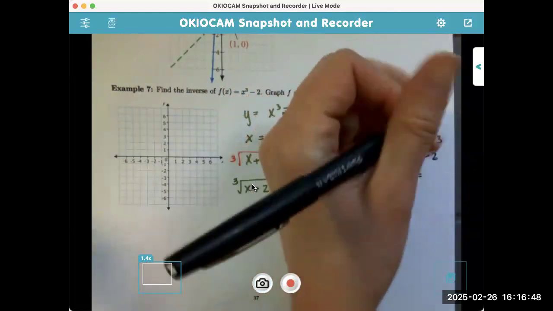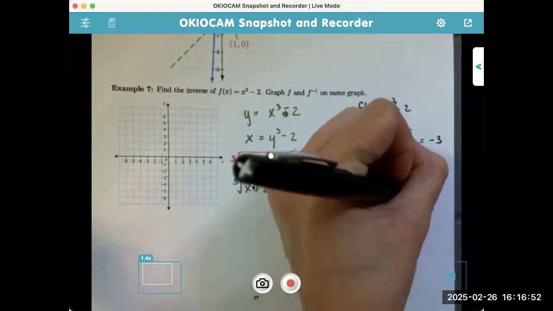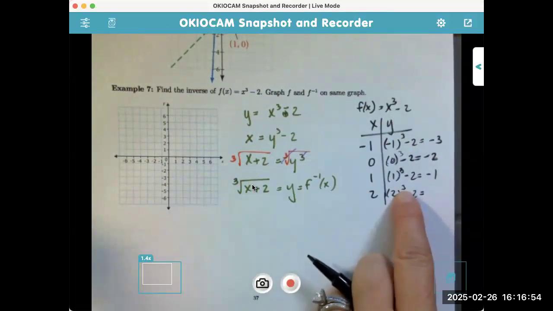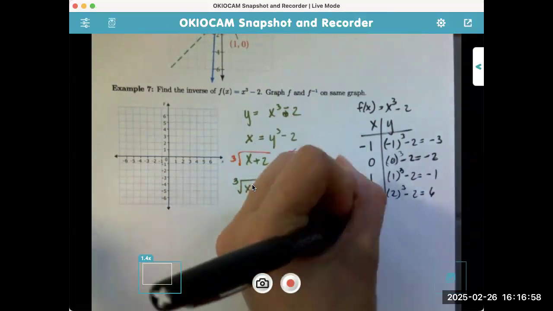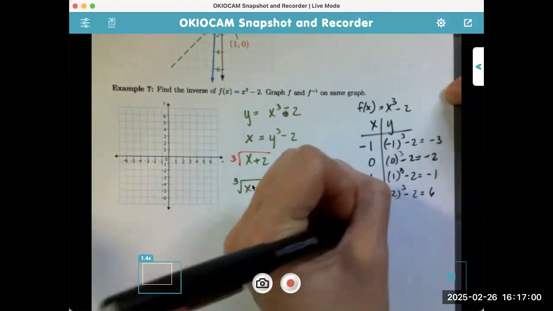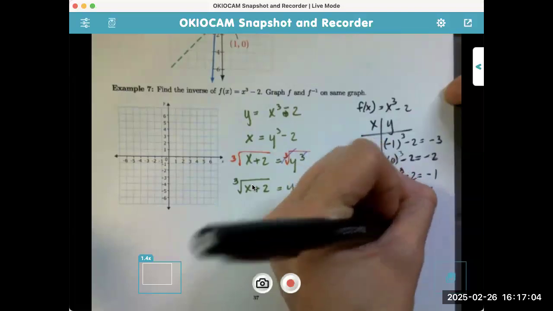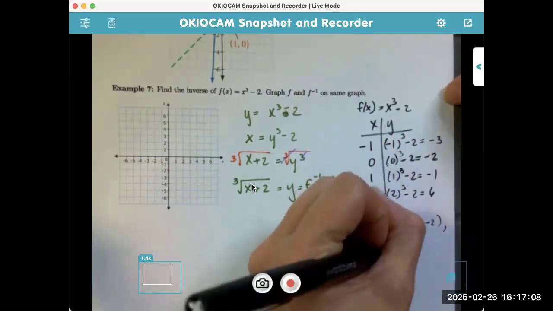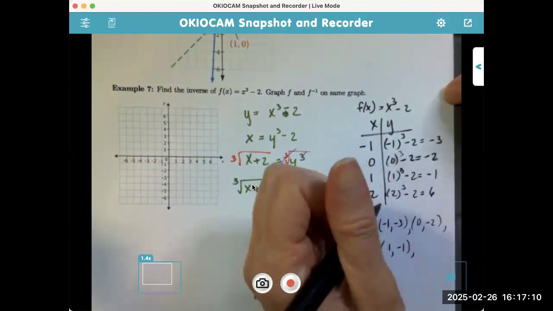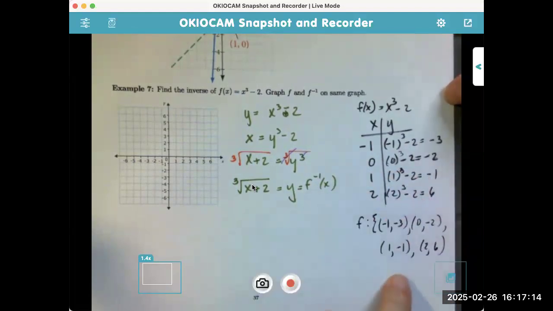1 cubed is 1. Minus 2 is -1. 2 cubed minus 2. 2 cubed is 8. Minus 2 is 6. So f has the points -1, -3; 0, -2; 1, -1; and 2, 6.